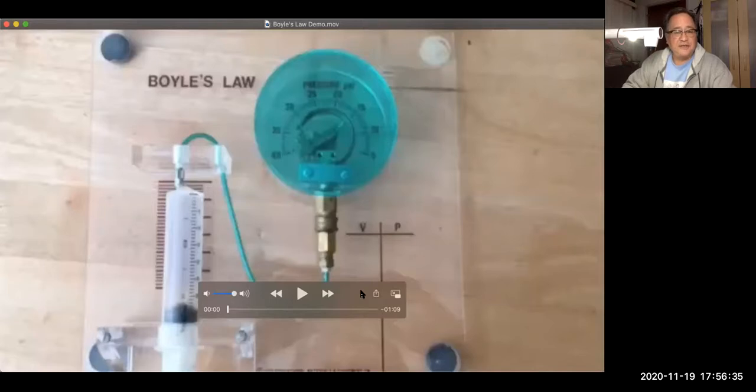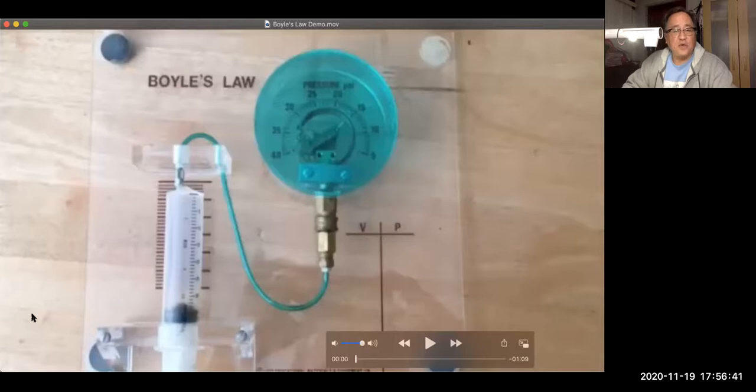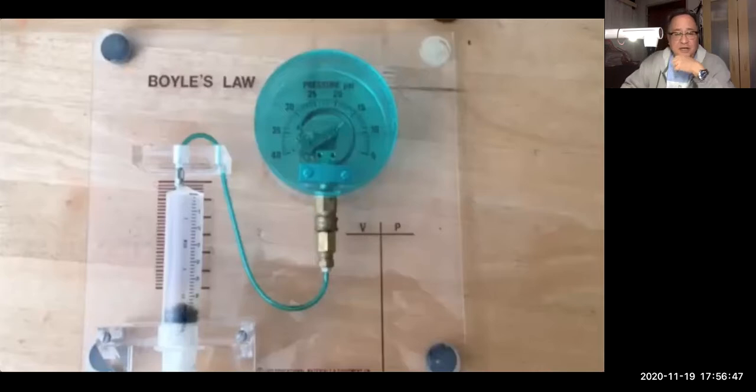So as you can see in this video, this is a Boyle's law apparatus. And you should be able to see a green circle. That is a pressure gauge that measures things in pounds per square inch. It is hooked by a rigid tube to a syringe.